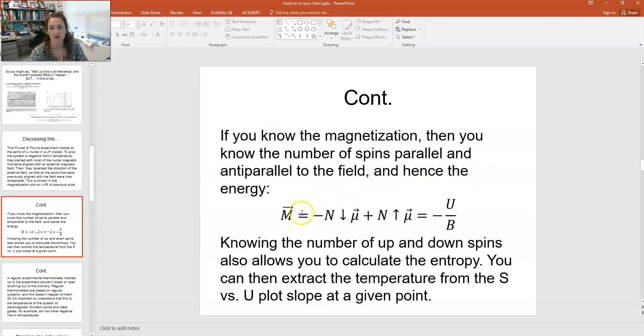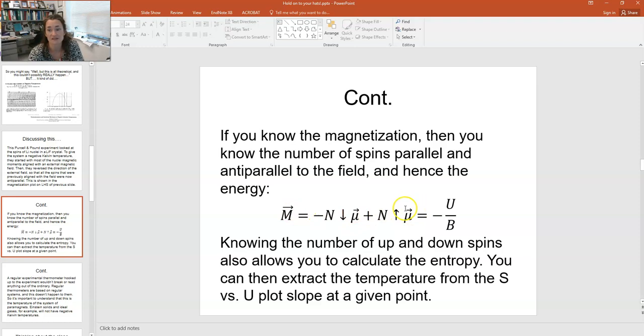For example, the net magnetization vector for a system of n particles would be given here. The total magnetization, capital N, would be the magnetic moment minus mu for anti-parallel to the field, times the number down, plus the number that are parallel to the field, up, times the magnetic moment for that orientation, mu.